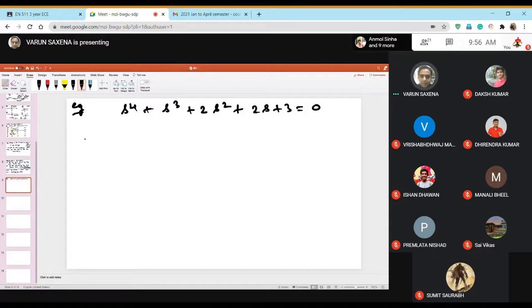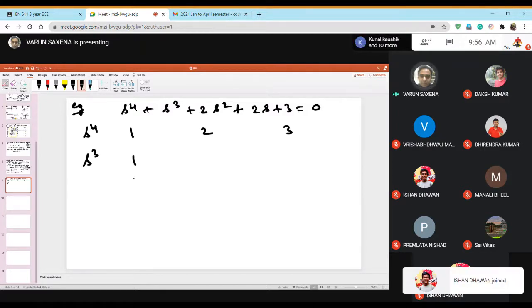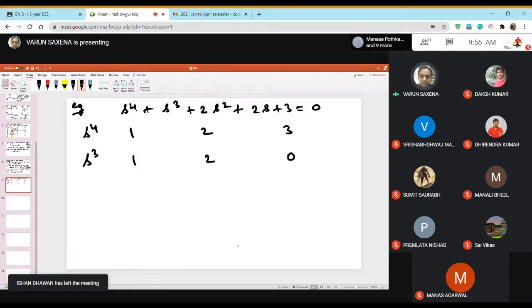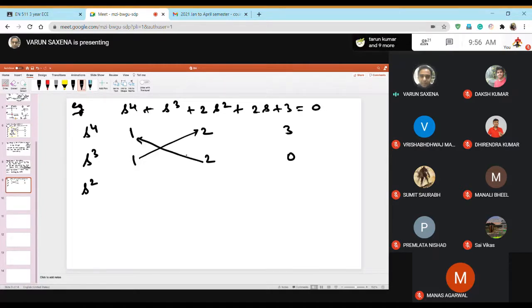So we proceed further. So we write S4, so it becomes 1, it becomes 2, it becomes 3. Then we write S cube. S cube becomes 1, it becomes 2, and this becomes 0. Okay, so now let's proceed to S2. Now S2 is basically this multiplied by this minus 2 multiplied by 1.